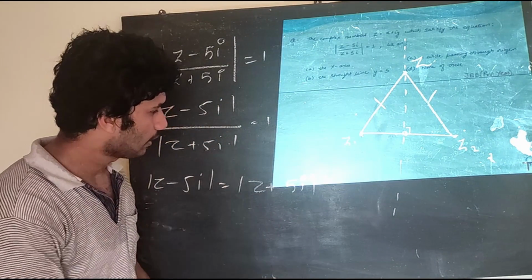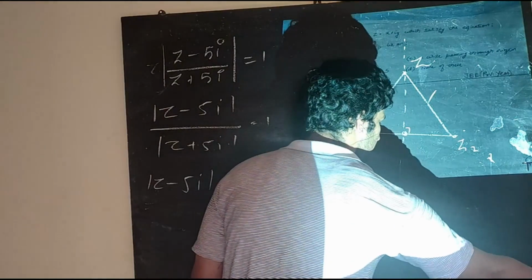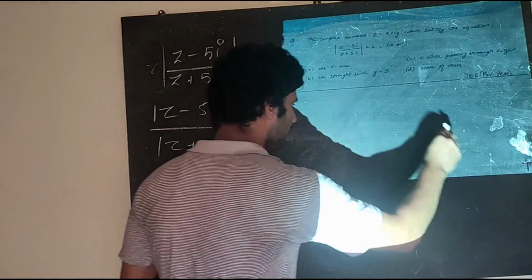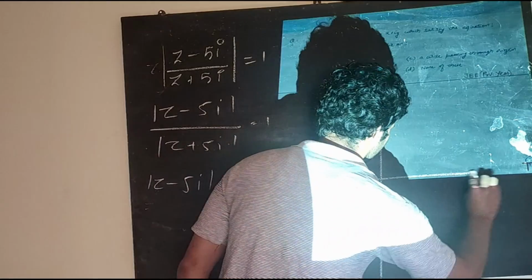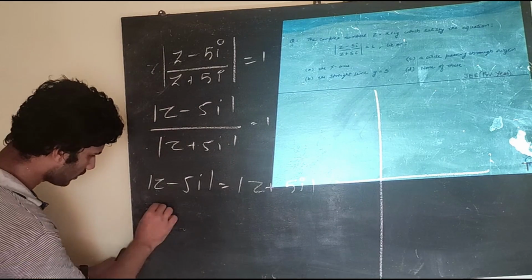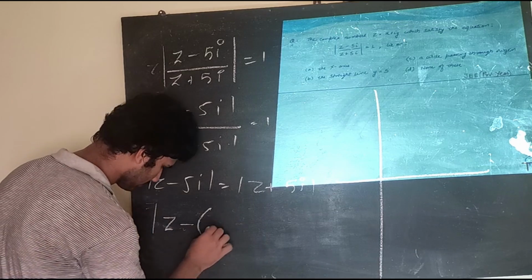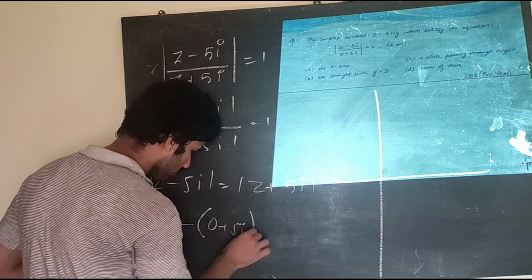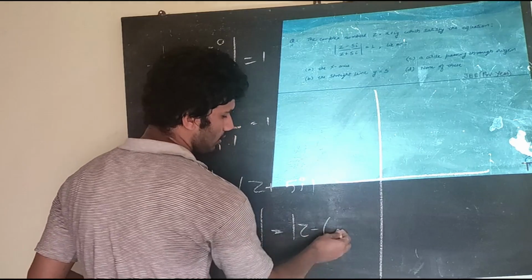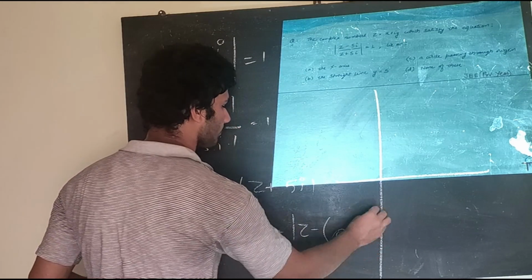Yeah. Now in this question it becomes damn simple. Let me draw the Argand plane. Let me plot the points. This is actually z minus 0 plus 5i and z minus 0 minus 5i.